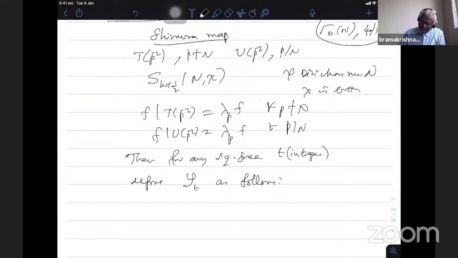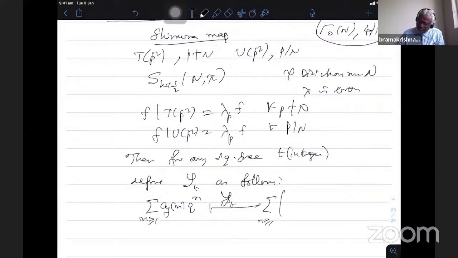So you take the summation a_f(n) q^n, n greater than or equal to 1, which goes to S_t, the summation over n greater than or equal to 1 of the summation over d dividing n of phi(d) (-1/d) (kt/d) d^{k-1} a_f(t n^2/d^2) q^n.